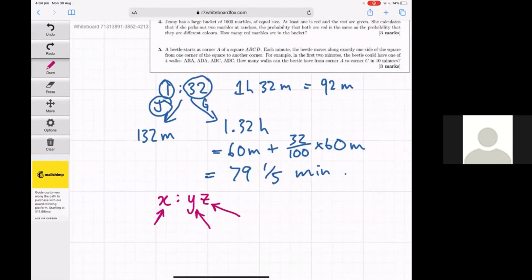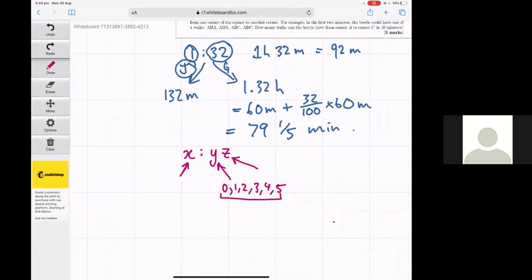So Y can only be 0, 1, 2, 3, 4, or 5. Z can be any digit, and X can also be any digit. But because Y is the tens of minutes, Y can only take these values.